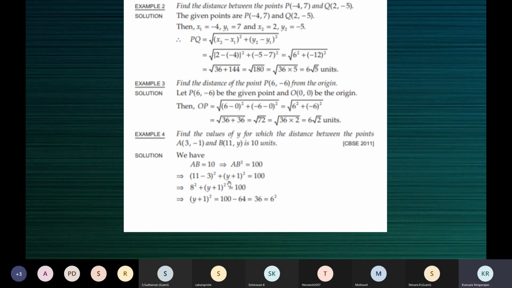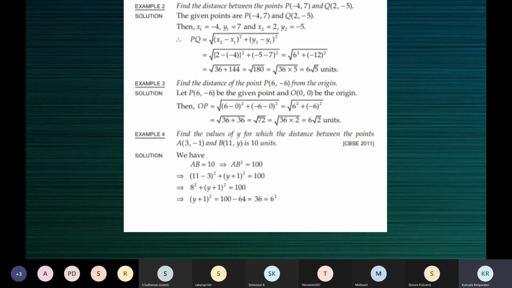So AB square, I'll tell you how to expand when it is minus 1 minus y the whole square. So AB is 10, AB square is 100, and AB square is expressed like this, equal to 100. Now, when you have minus y minus 1 the whole square, the question is which formula to use.